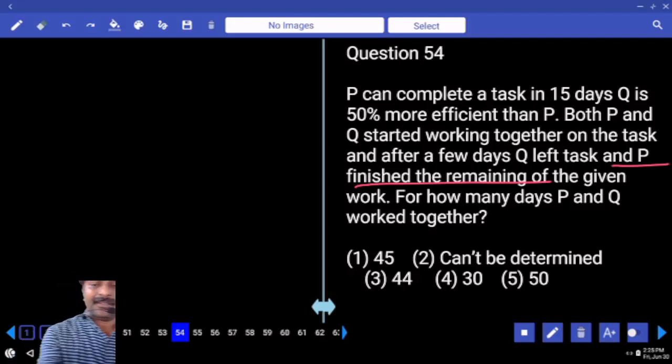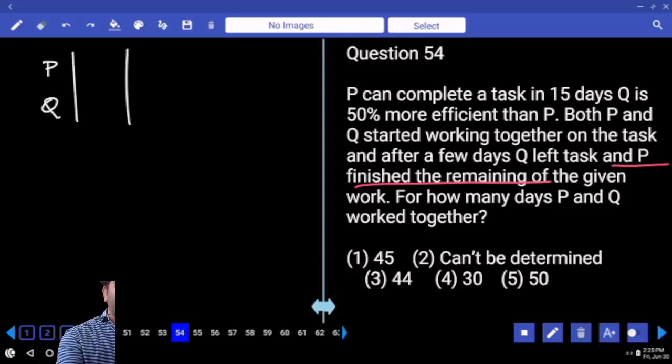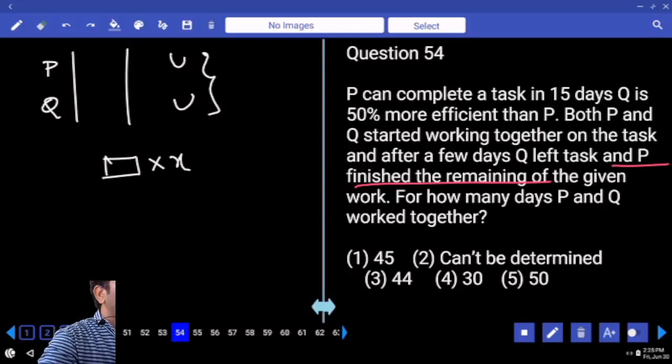Here we take P and Q, we take the LCM, and we get some units. Both started together, working for some number of days, let's assume x days. After that who worked? P. We know how many units P does. We'll write that number and work for how many days?